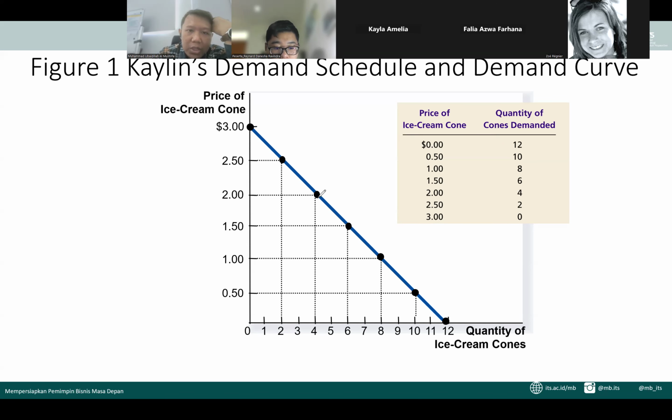It is downward sloping: the higher the price, the lower the quantity demanded, while the lower the price, for example, when the price of ice cream is $1, the quantity demanded is 8 ice creams. This is only for one person, and her name is Kaylin. This is the demand schedule and the demand curve for Kaylin.